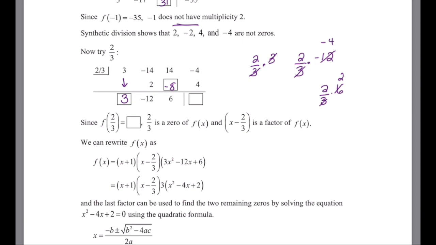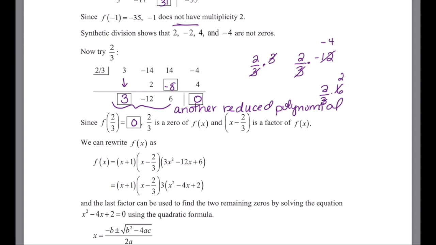And -4 plus 4 is 0. We found another 0. And we also found ourselves another reduced polynomial, or we could say it's our new reduced polynomial.